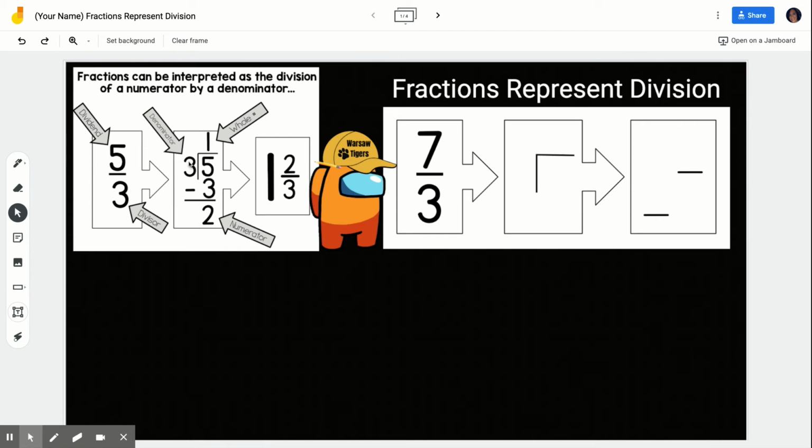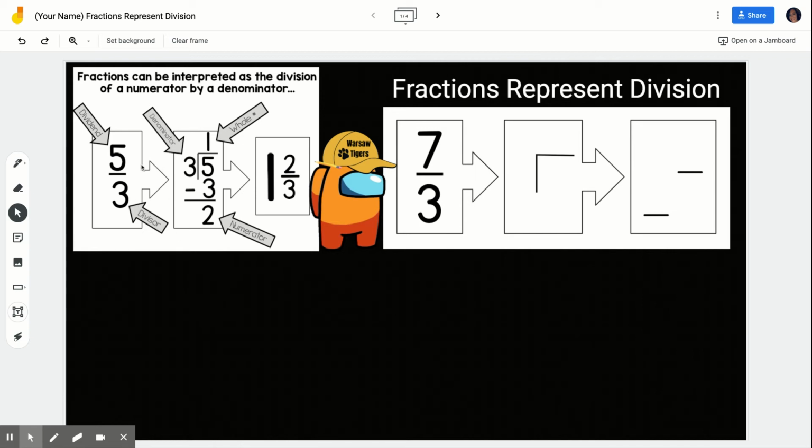We can make one group of 3 with 2 left over. That leftover, what remains, becomes your numerator, and your denominator, how many parts would make a whole, stays the same. So we know that 5/3, or 5 divided by 3, is equivalent to 1 and 2/3.